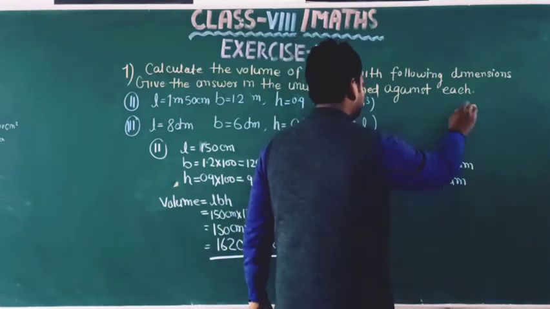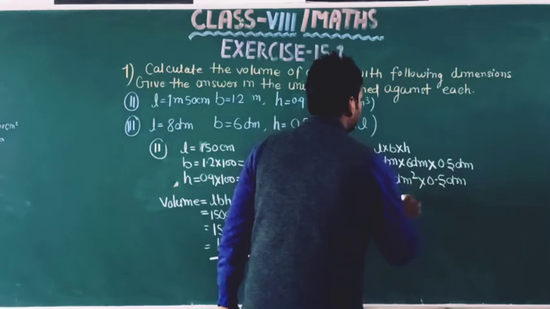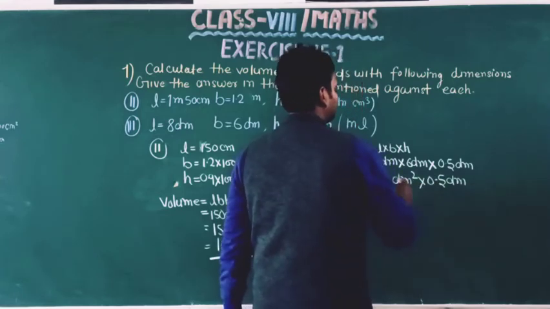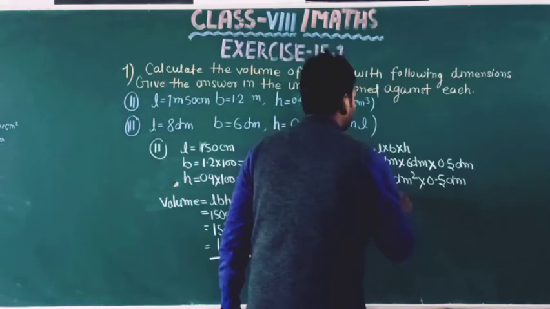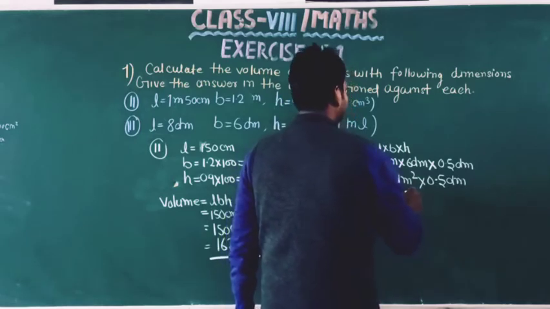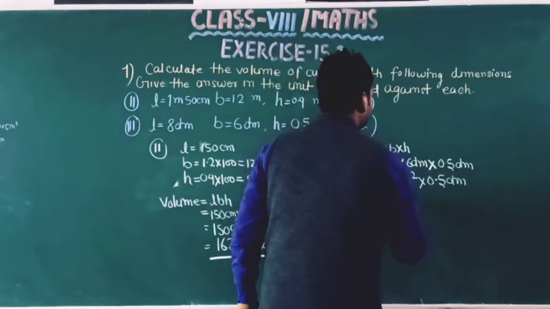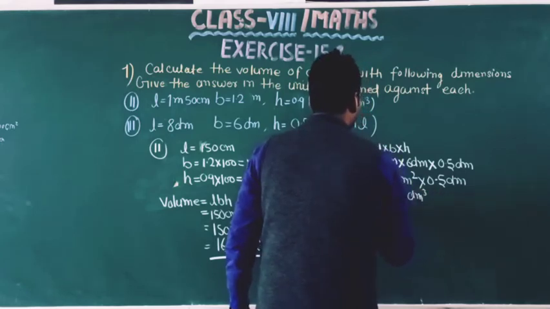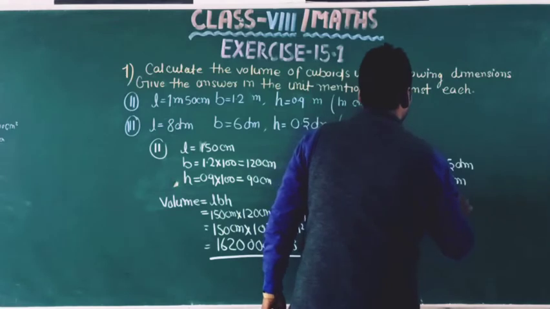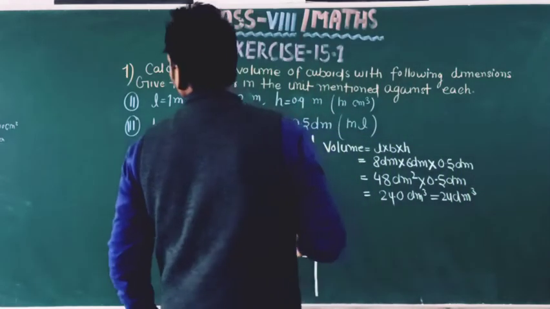So 8 5s are 40, carry, 24. Okay, and this is decimeter cube, equal to 24 decimeter cube.